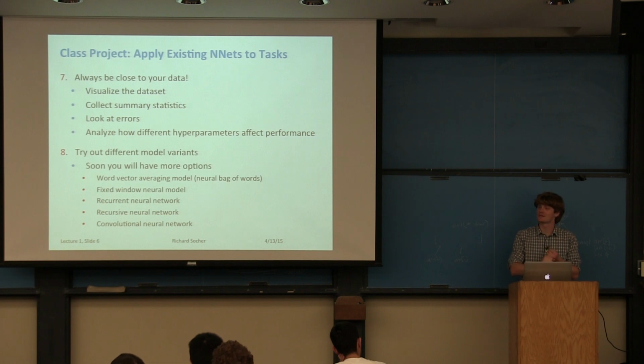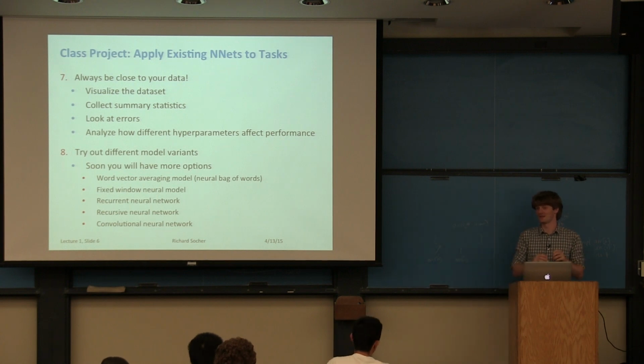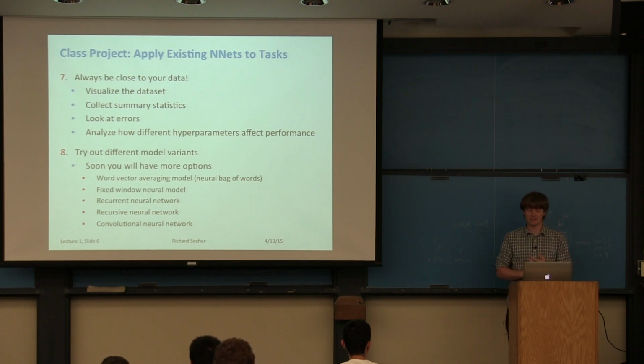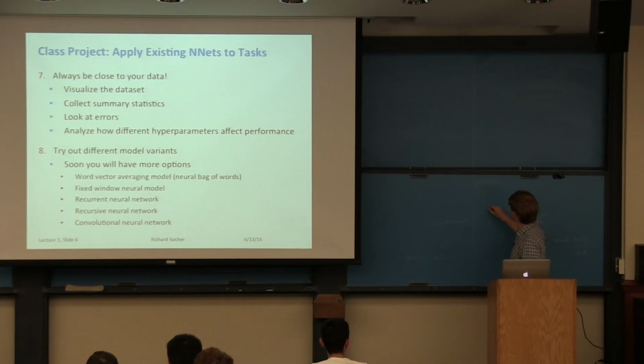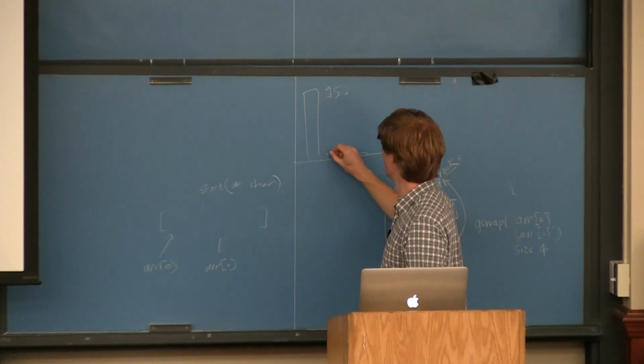So the best kinds of projects and the best groups, and this is really a life lesson in some ways, the best data scientists and the best people dealing with any kind of machine learning in the real world are close to their data. They visualize their data sets, they collect summary statistics. For instance, if you look at your summary statistics and you notice how one class is like 95% of your entire data set, and then another one is 2 or 3, and another one is just 2%.